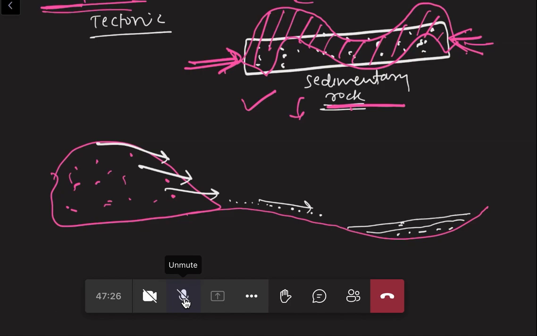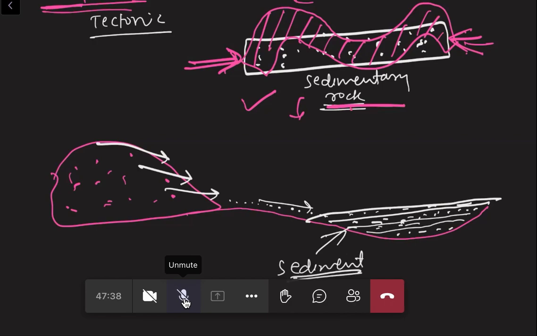You will get sedimentary rock after millions of years of evolution. Layer by layer, these sediments get deposited in some shallow region. Then compaction and lithification lead to this sedimentary rock formation.